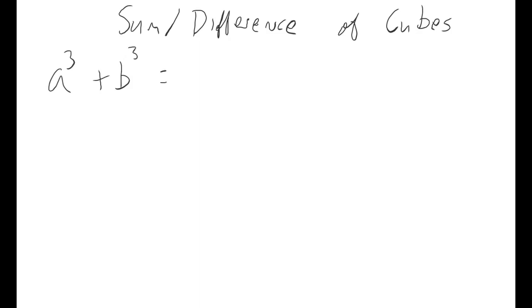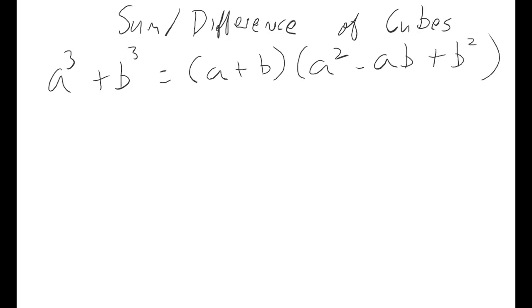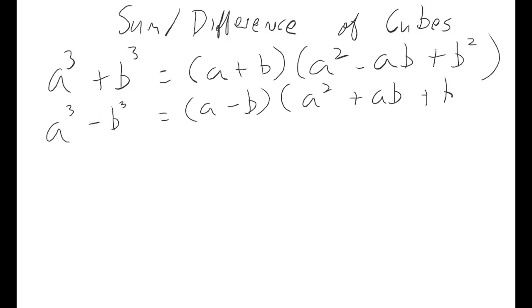So the formula says this is a plus b times a squared minus ab plus b squared. And if I do a difference of cubes, then it is a cubed minus b cubed equals a minus b, a squared plus ab plus b squared.